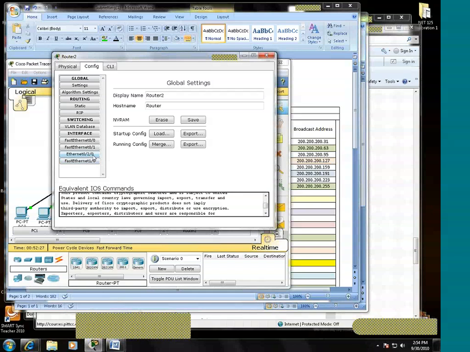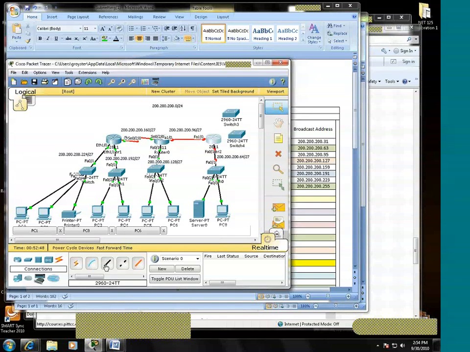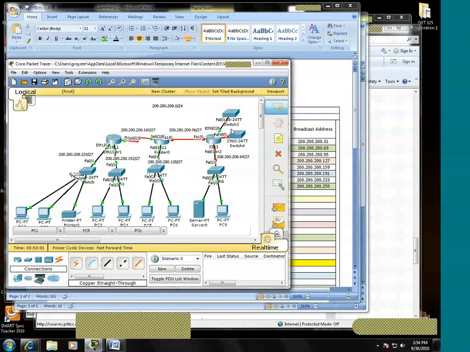So now we have an additional Ethernet port. So if we wanted to, we could get some more switches. Cables. Okay, there you have it, 2 additional networks.